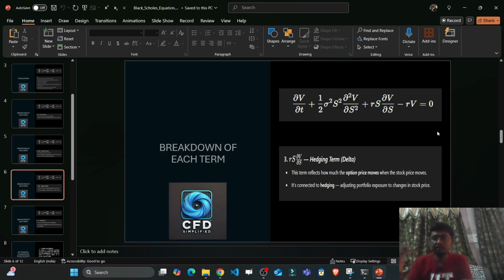So this del V by del S basically represents how the value of your price is changing with respect to the current market trend. It's connected to hedging, adjusting portfolio exposures to changes in the stock price.